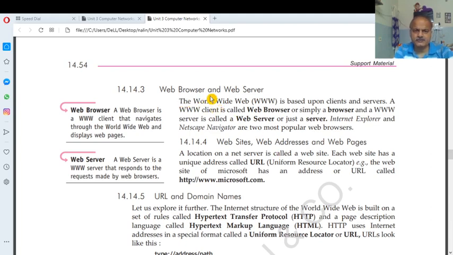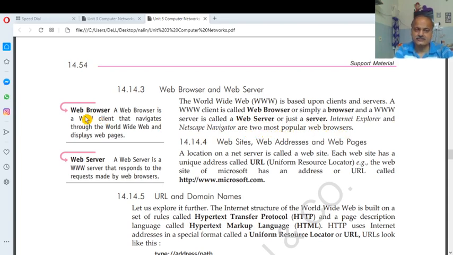Now the web browser and the web server. The World Wide Web, triple W, is based upon the client and server. A triple W client is called the web browser or simply a browser, and the triple W server is called a web server or just a server. Internet Explorer and Netscape Navigator are two popular web browsers.